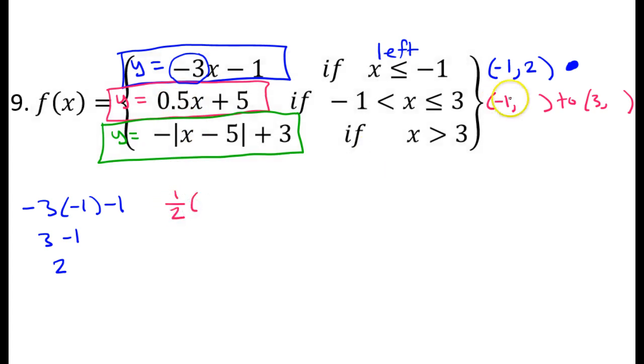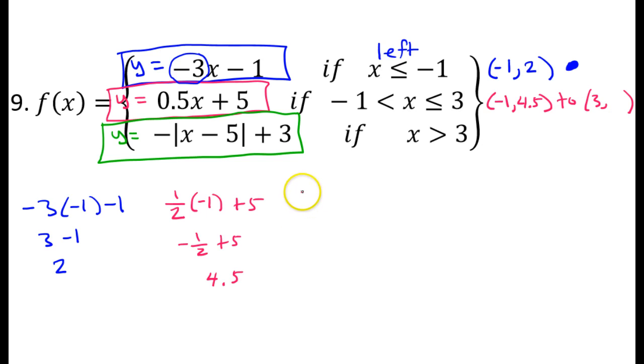Substituting -1, I have 1/2 times -1 plus 5. This is just -1/2 plus 5, so that's going to be 4.5. So -1 comma 4.5 is my first endpoint.